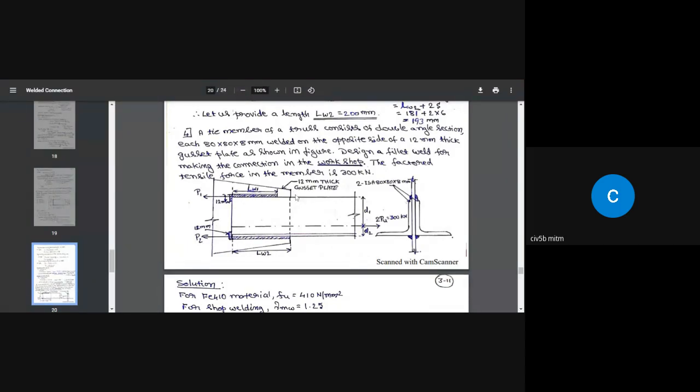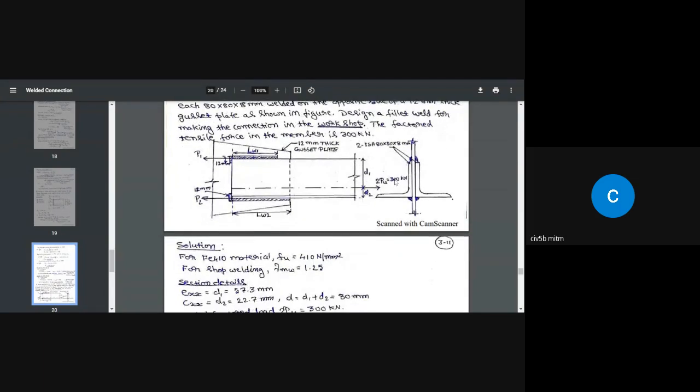Okay. So there are two angles. So that's why I have written 2 PU equal to 300 kilonewton. So once I find out PU, which is equal to 150 kilonewton, each angle is carrying a force of 150 kilonewton design force.